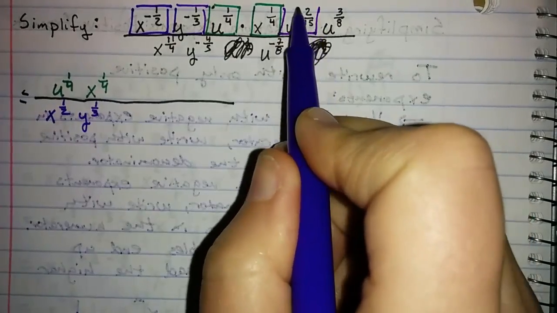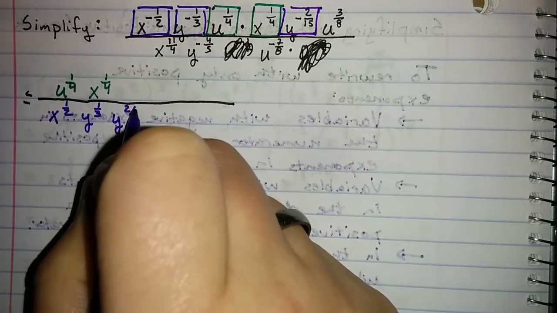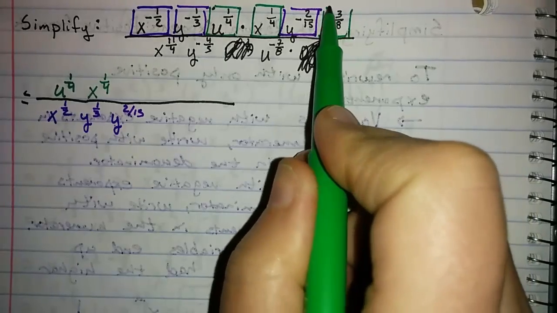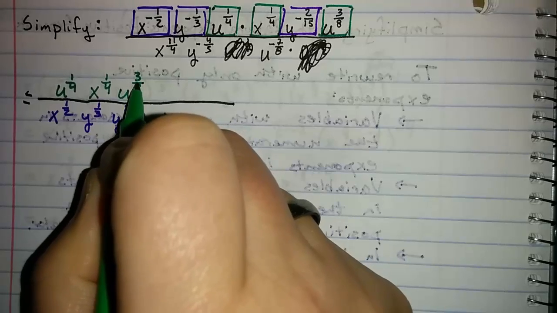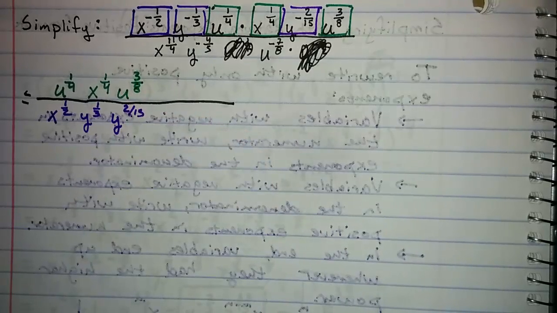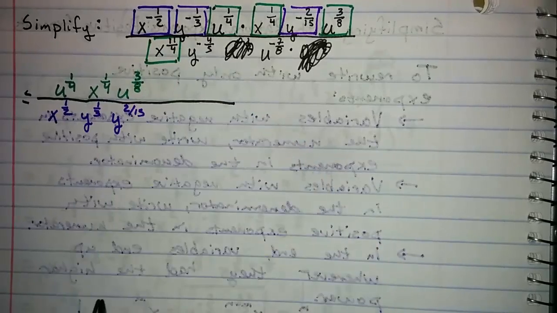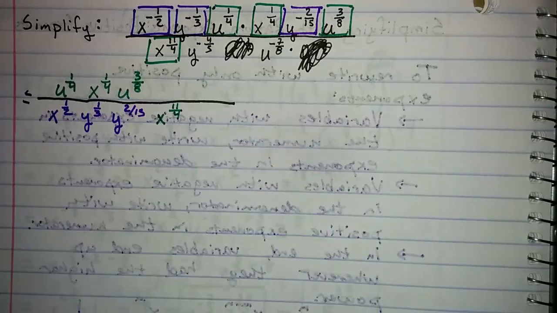Y to the negative 2/15 becomes y to the positive 2/15 in the denominator. U to the positive 3/8 stays u to the positive 3/8 in the numerator. X to the 11/4 stays x to the 11/4 in the denominator.